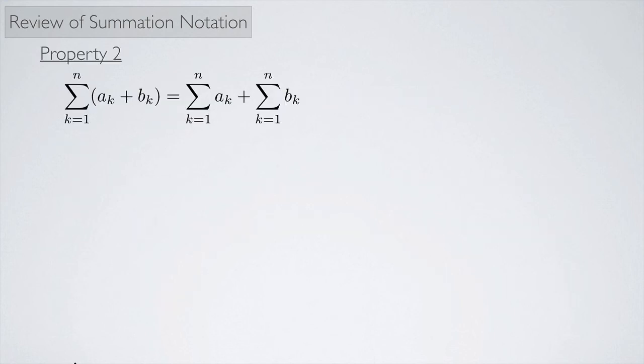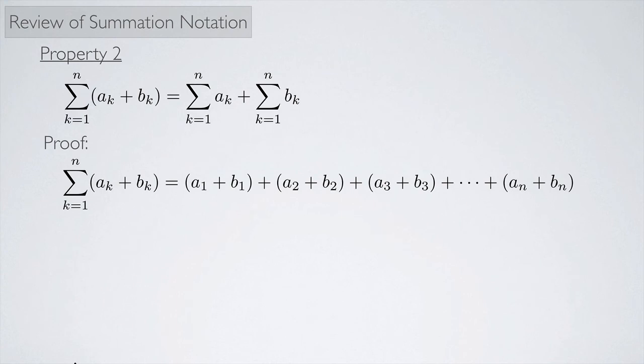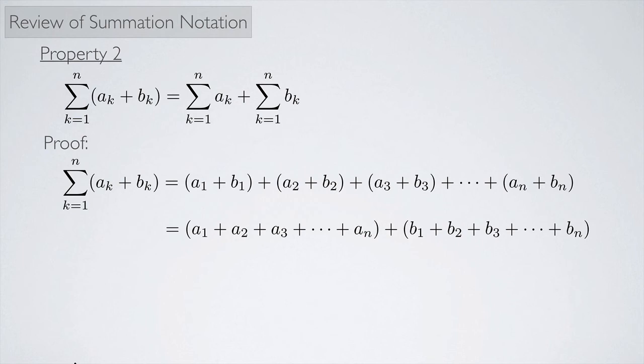Property 2 said that if you have a sigma of a sub k plus b sub k, that would be two things added together, you can actually do the sum of the individual a sub k and b sub k's. And the proof of this, well, what we did was we wrote it out, and then we grouped together all of the a sub 1's, a sub 2, a sub 3, in other words, the first half of each of the terms, and then we grouped together the second half of each of the terms.